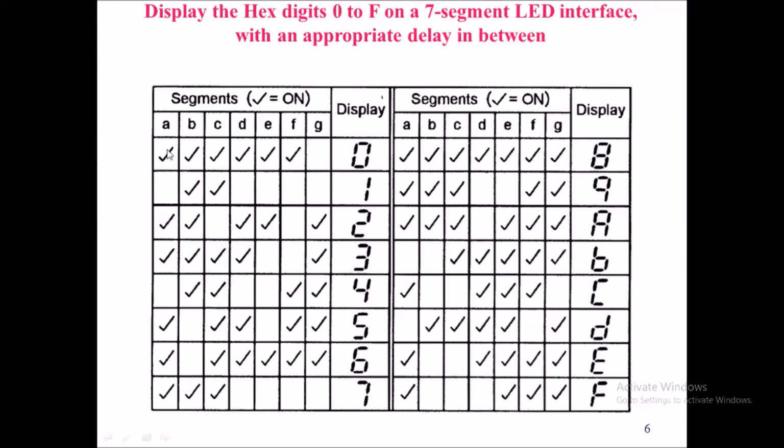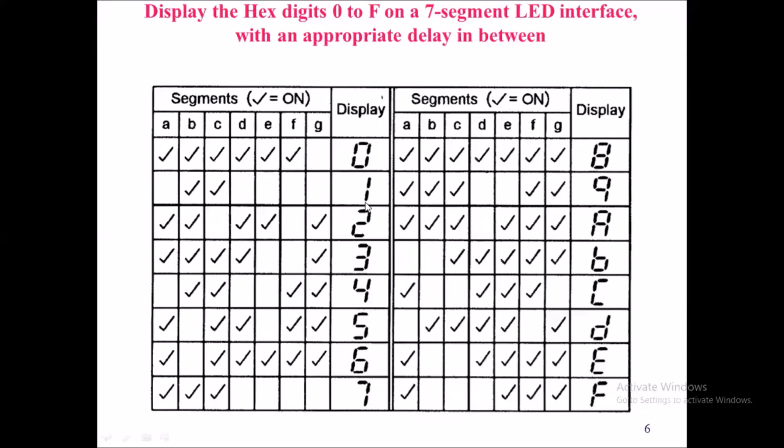So we need to activate segment A, B, C, D, E, and F, and switch off segment G, because in 0 we don't have the middle line. So the G segment should be lit off. That's why we need to activate the 6 segments except G. That's how we display 0 on the seven-segment display.